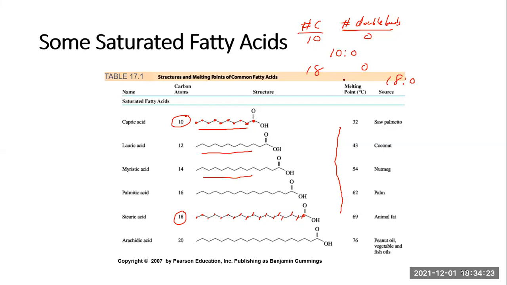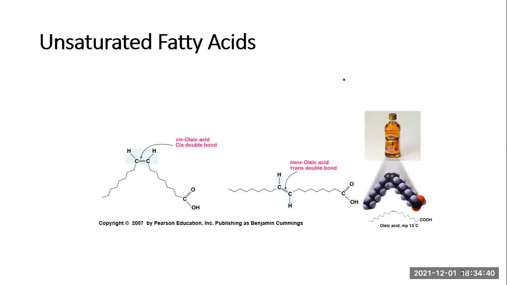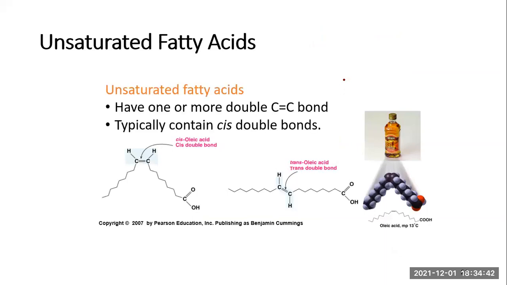Now, you get these really nice fitting together of these fats when we have all these single bonds on the fatty acid chain. That is not the case when double bonds are introduced. When we introduce double bonds, we get unsaturated fatty acids, and they typically contain cis double bonds. You can't have trans double bonds.